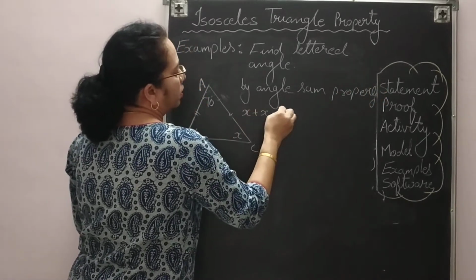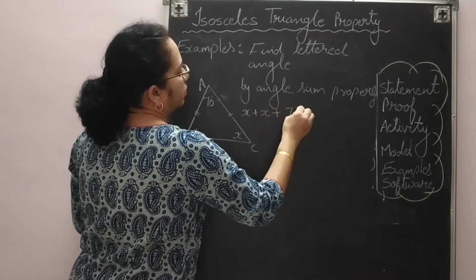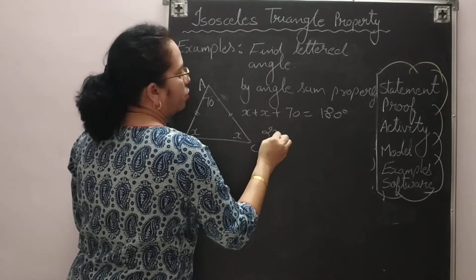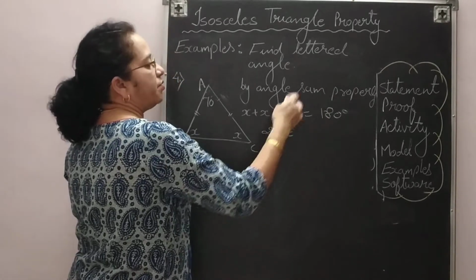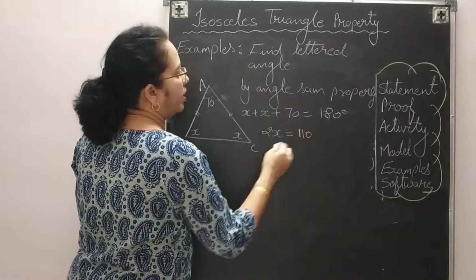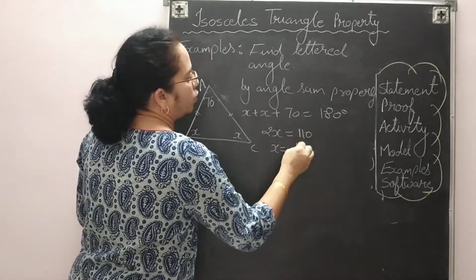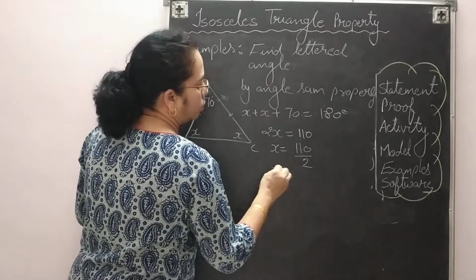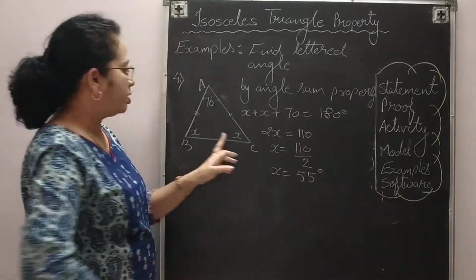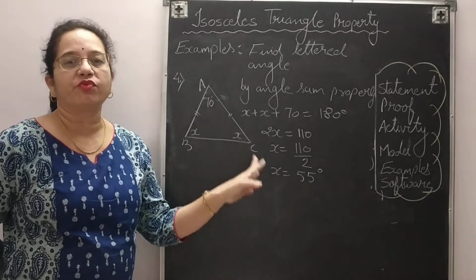Sum of all the three angles is 180 degree. X plus x will give you 2x. This 70 will become minus 70 on the right hand side. So you will get 110. So x is equal to 110 upon 2. So this will give you 55 degree. So what is the measure of this angle x? This is 55 degree.